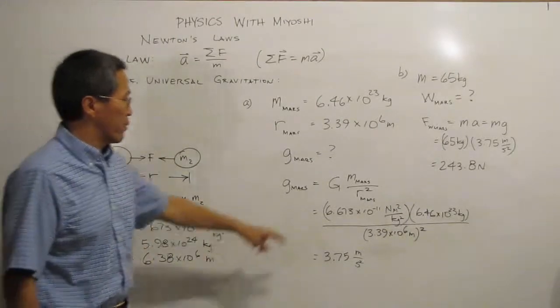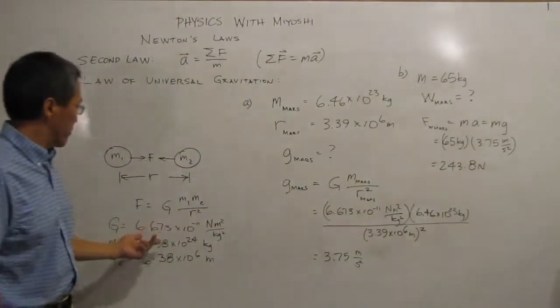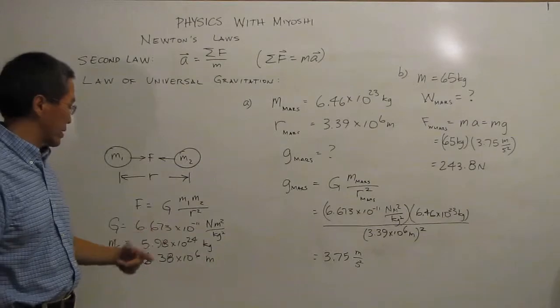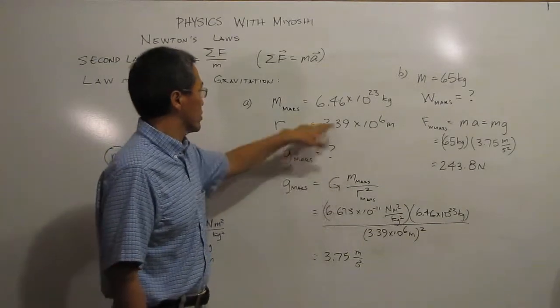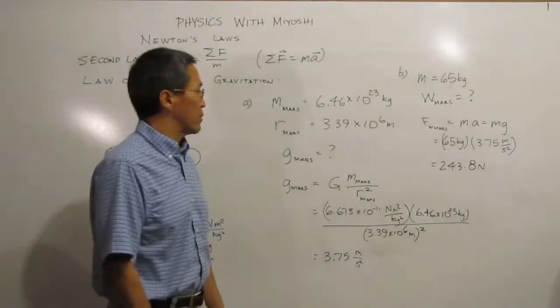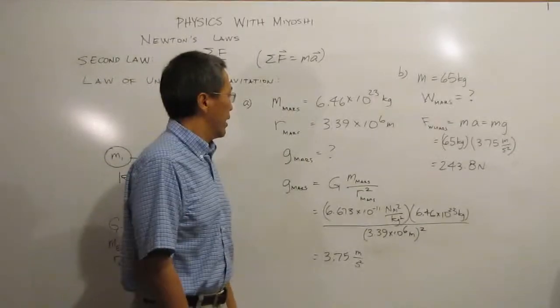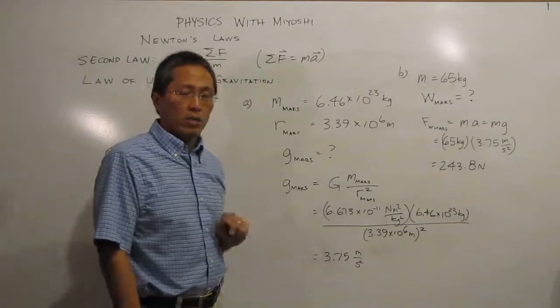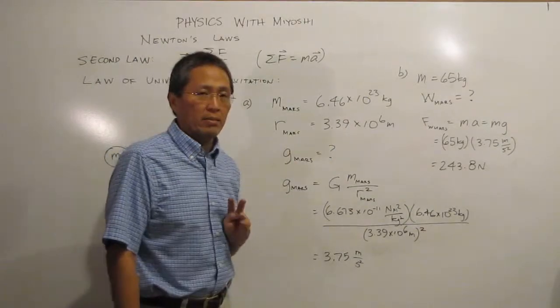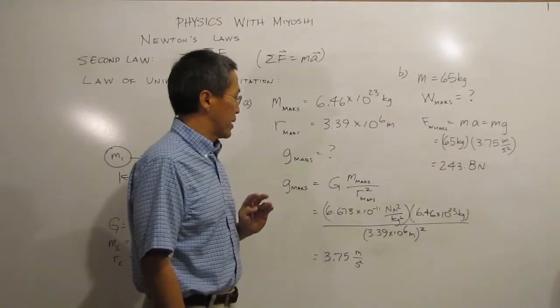Okay, so if we plug in, instead of using the Earth's mass and the Earth's radius, we can use Mars' mass, which we have up here, 6.46 times 10 to the 23rd kilograms. And we can use Mars' radius of 3.39 times 10 to the 6 meters.